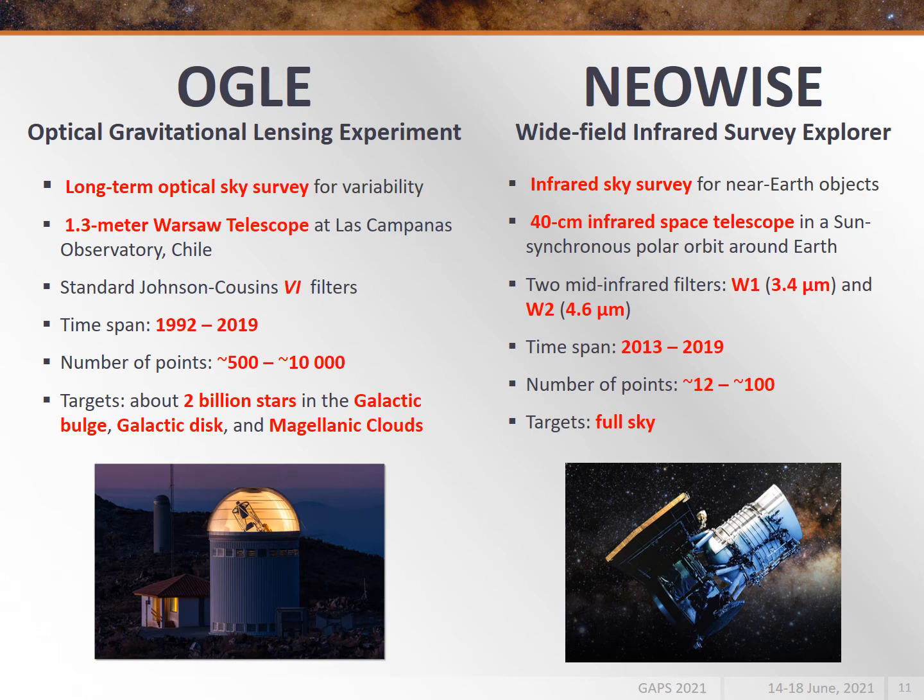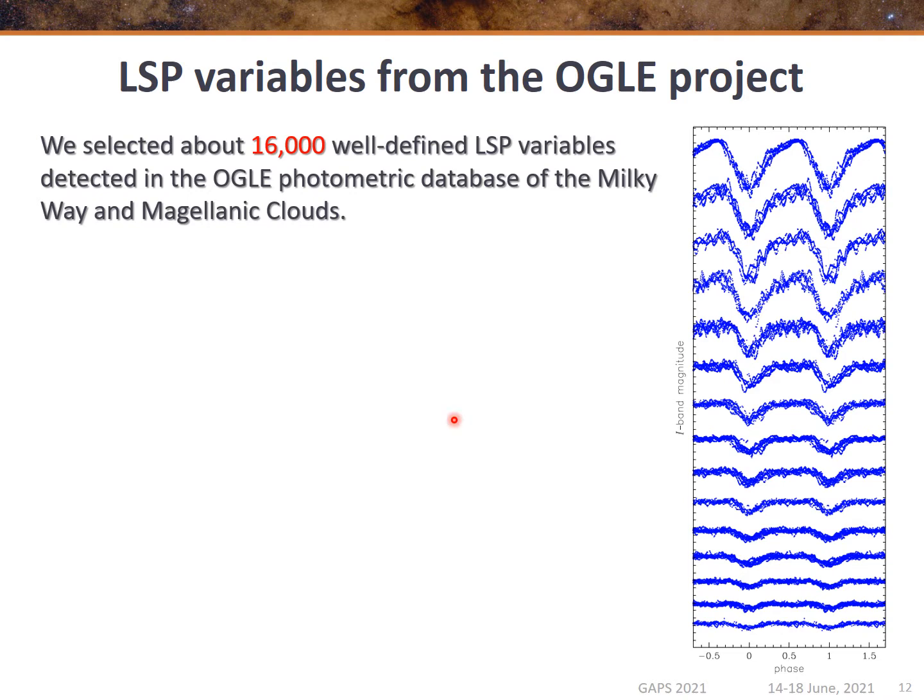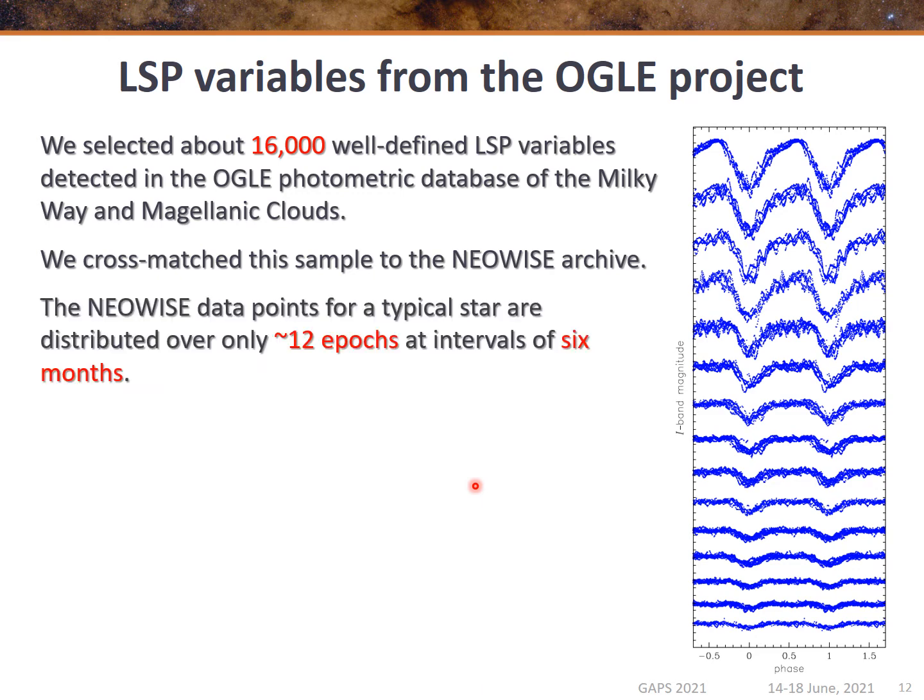Our new results are based on 2 sources: optical light curves obtained by the OGLE survey and infrared data collected by the WISE Space Telescope as a part of the NEOWISE mission. Our procedure was as follows. We selected about 16,000 well-defined LSP variables in the OGLE databases, and we cross-matched this sample with the NEOWISE archive.